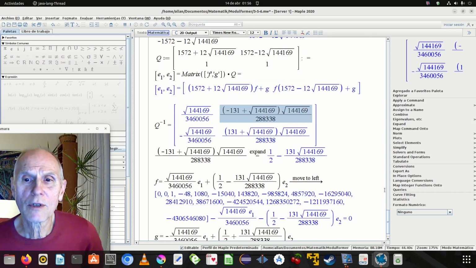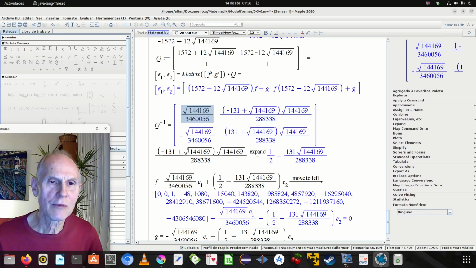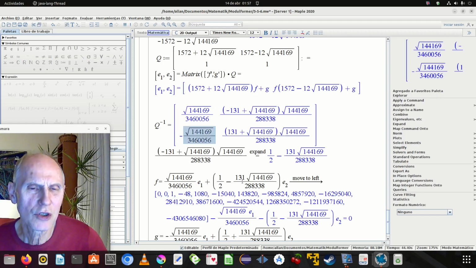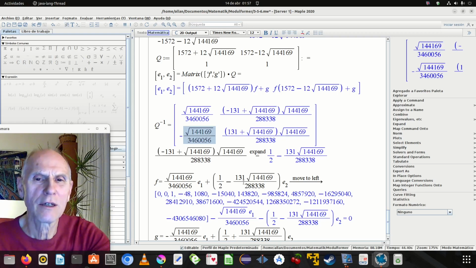Rationalize didn't work, so expand was what I could do. And then we have F1, F equals this times E1. Shouldn't it be times plus this times E2? Oops, I think I've made a mistake there.